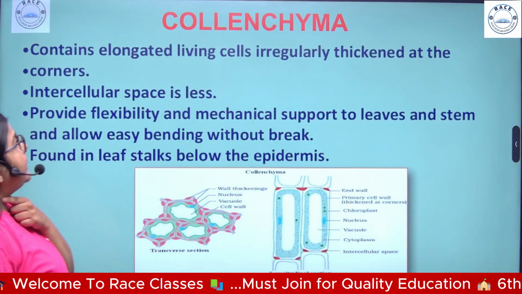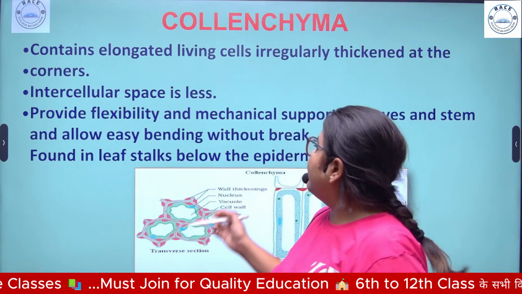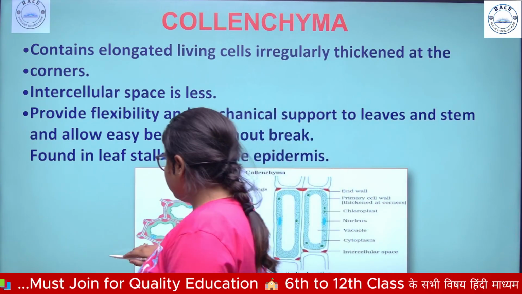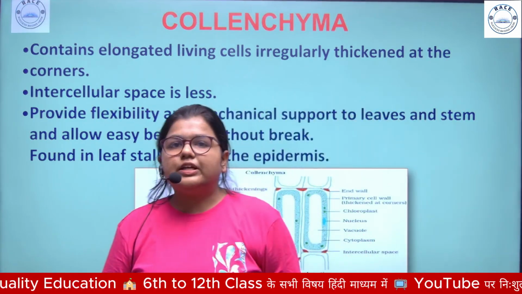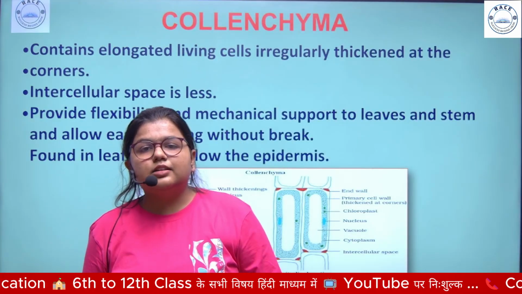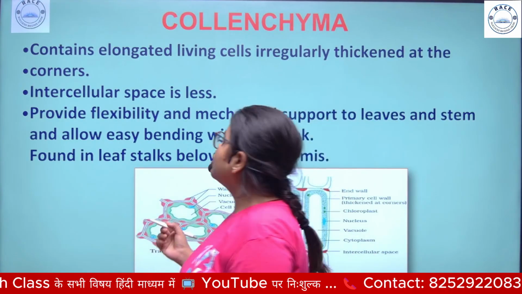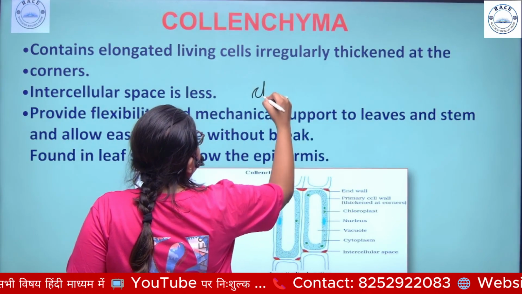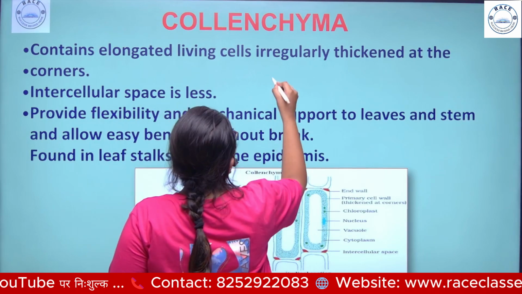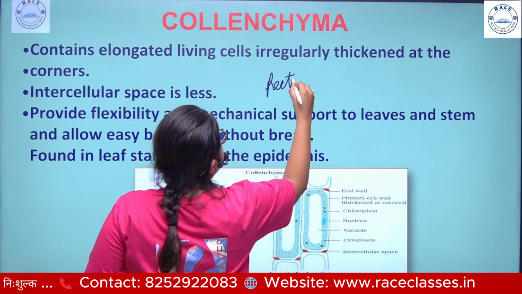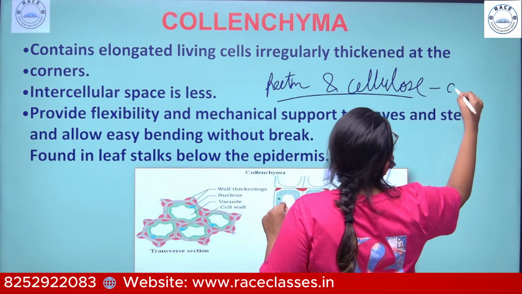They have elongated living cells. Now parenchyma cells may be oval, circular in shape, but when we talk about collenchyma, they are elongated usually. And one major difference between collenchyma and parenchyma is that the corners of the collenchyma are very thickened because they have the deposition of pectin and cellulose at the corners.